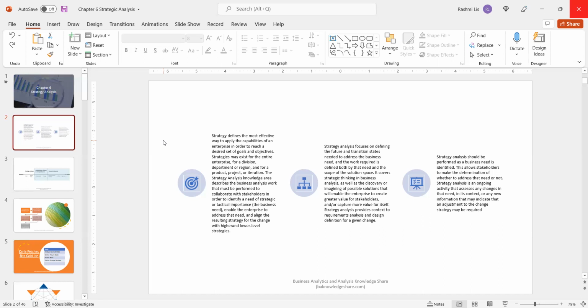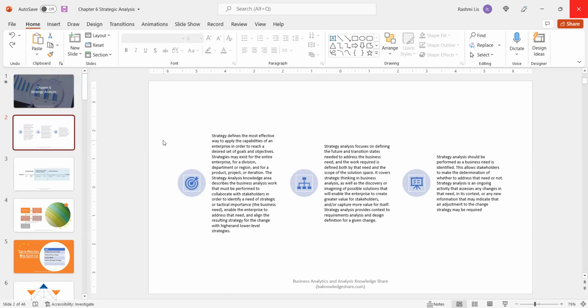So as an example, your enterprise may get a regulatory change, and one of the regulatory changes could be something to the effect of an increase in the amount of loan that a customer can request.